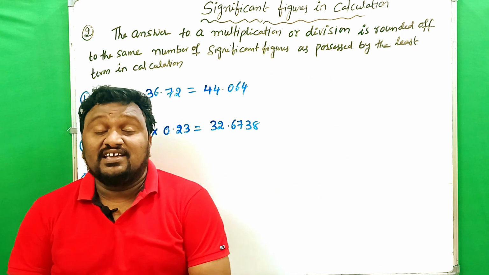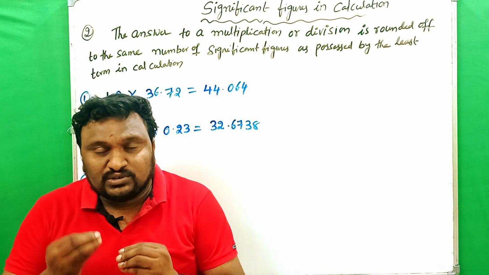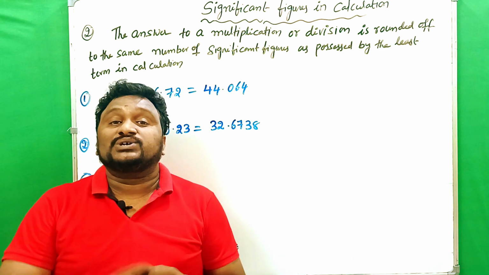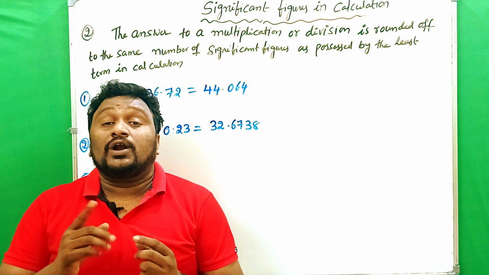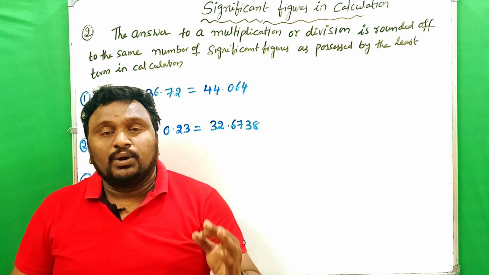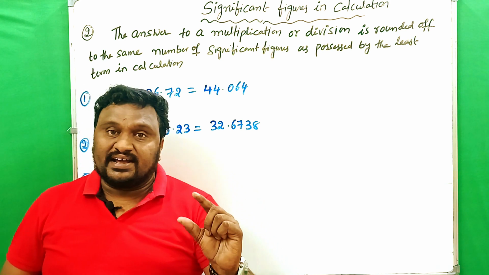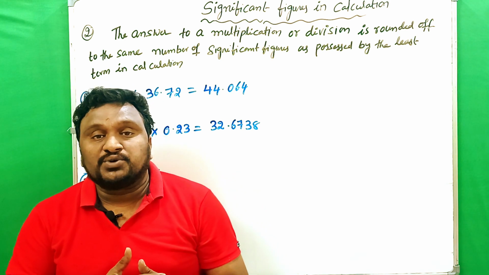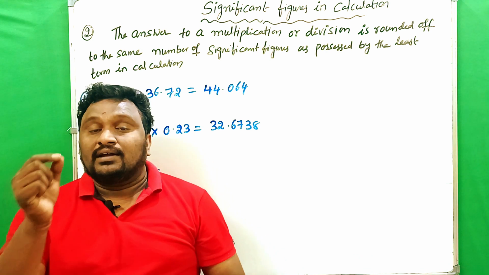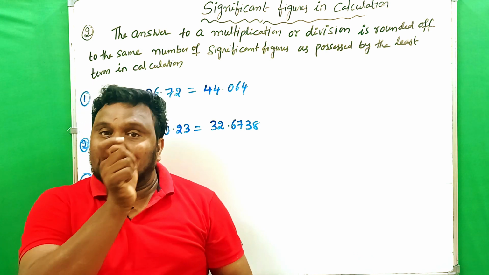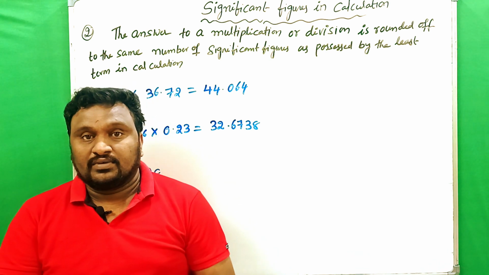Now let's see how the significant figure rules can be used in case of multiplication or division. Up to now we discussed addition or subtraction, where the final answer is reported to the least decimal places among the given numbers. Clear?